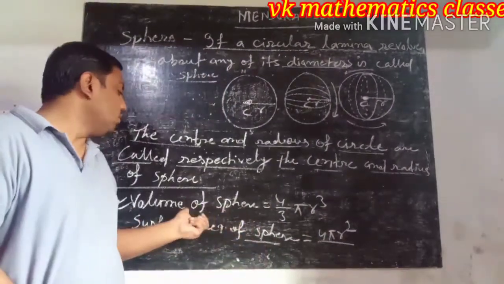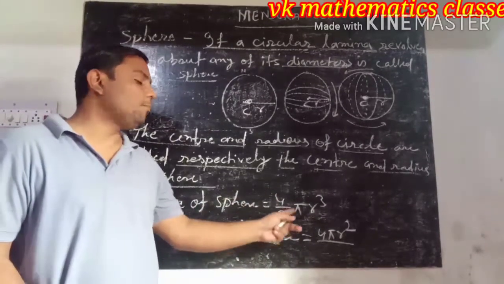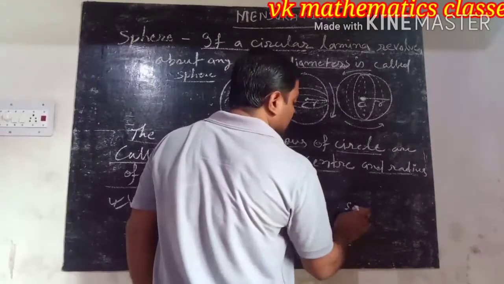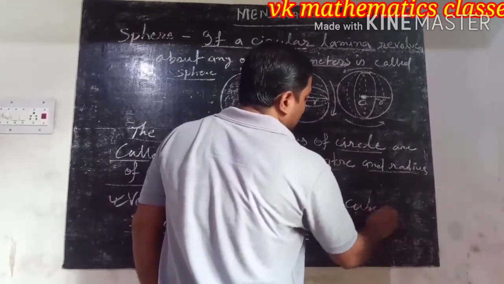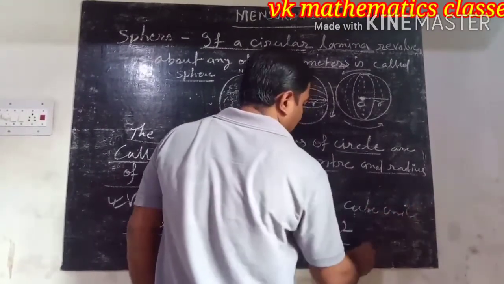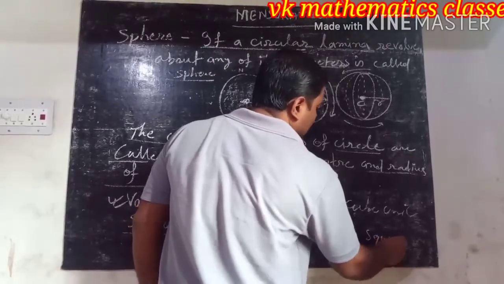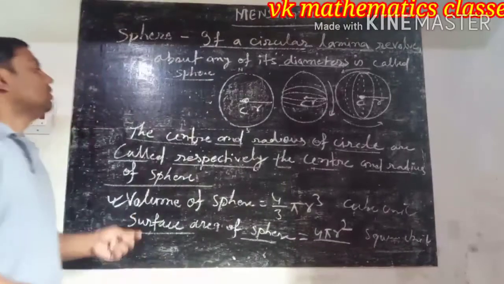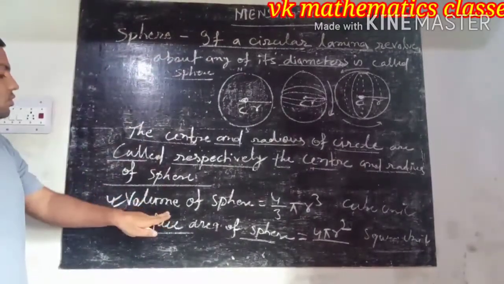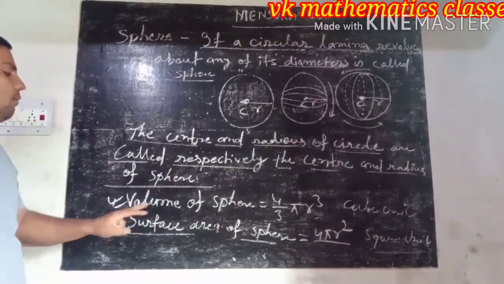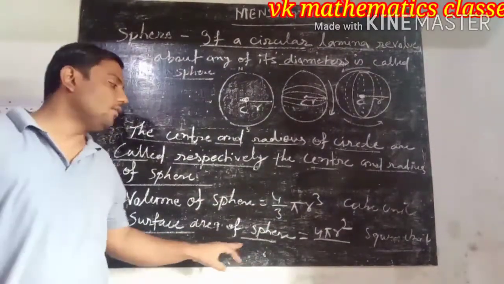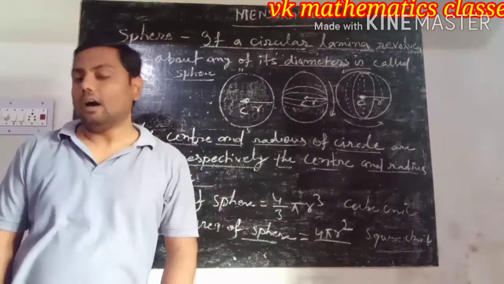The volume is in cube units and the surface area is in square units. So remember these two formulas: volume of a sphere is 4/3 pi r cube, and surface area of a sphere is 4 pi r square.